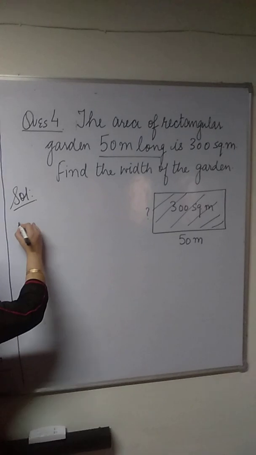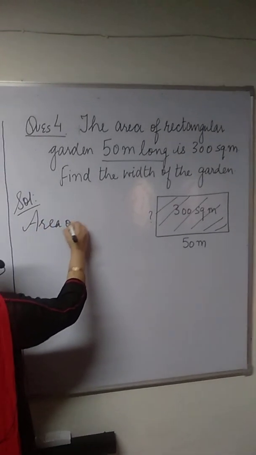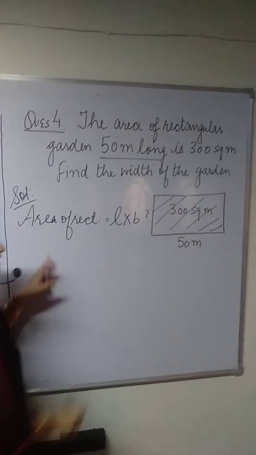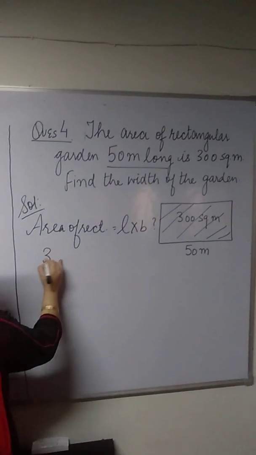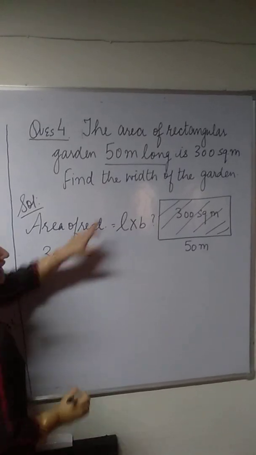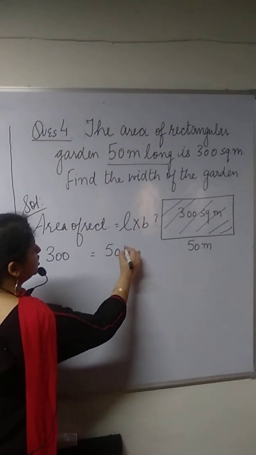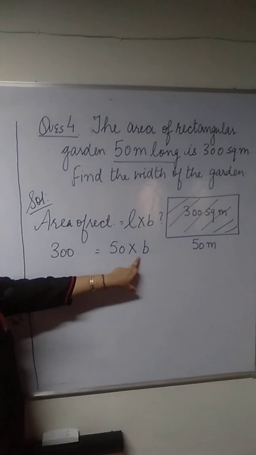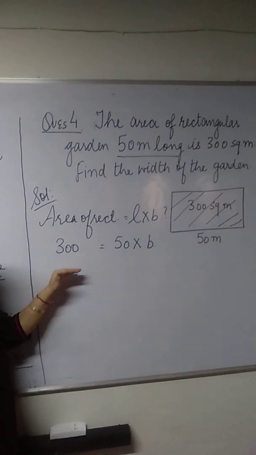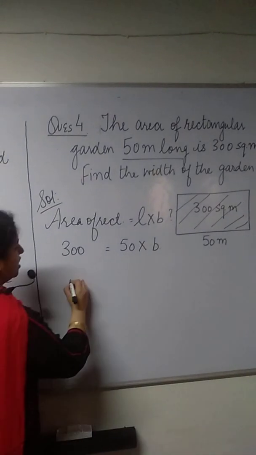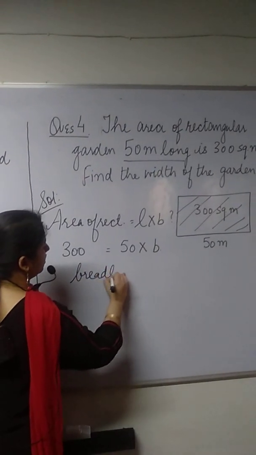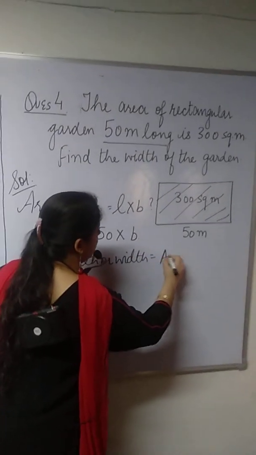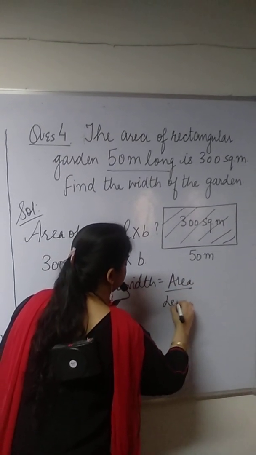So let us check. You know, area of rectangle is equal to length into breadth. Area is already given to you, 300, length is 50, you need to find its width or the breadth. So whenever you are going to find the breadth, you can use this formula or you can directly write breadth or width is equal to area upon length.